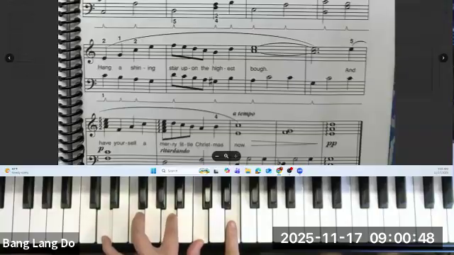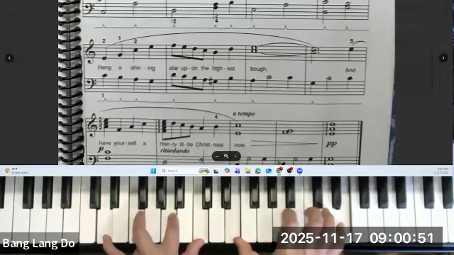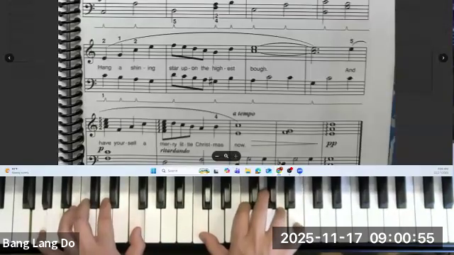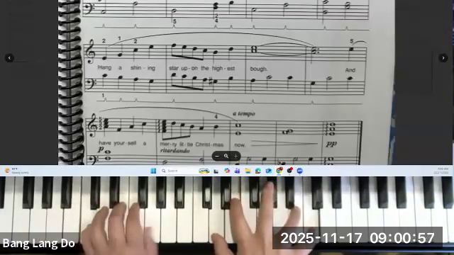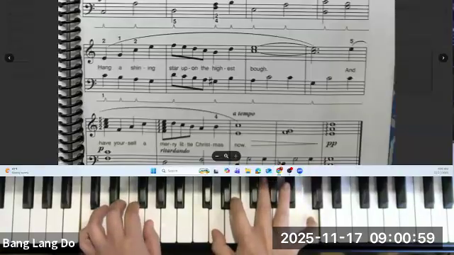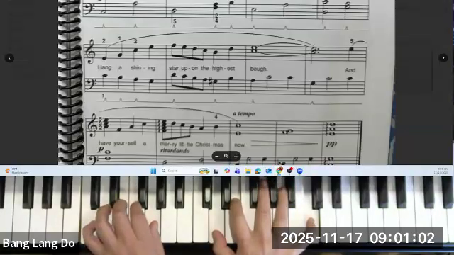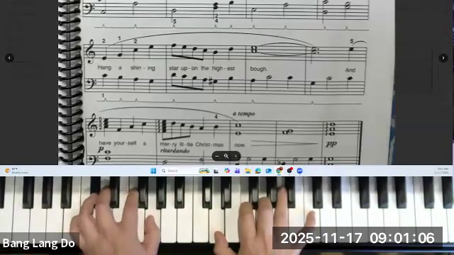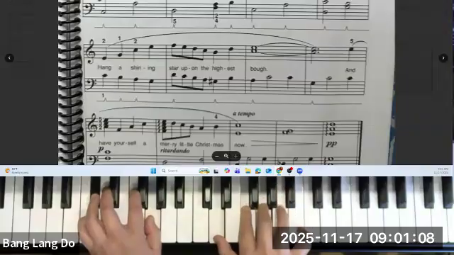D7, D minor 7, 9. And then G7. Okay, and then that's just an addition. What is that chord?